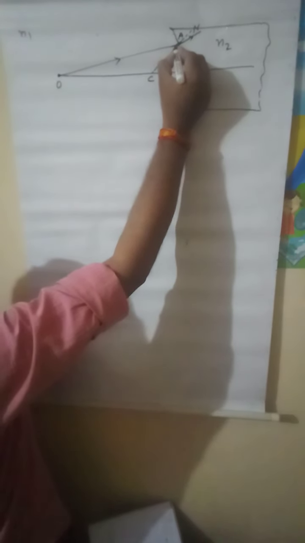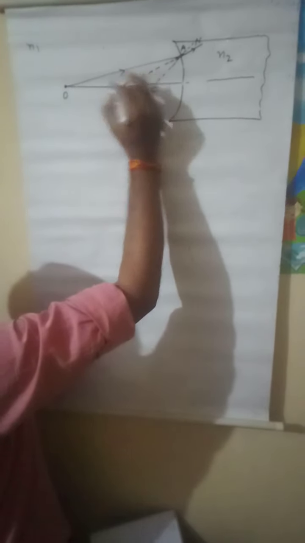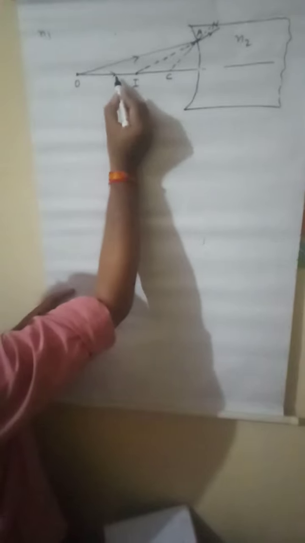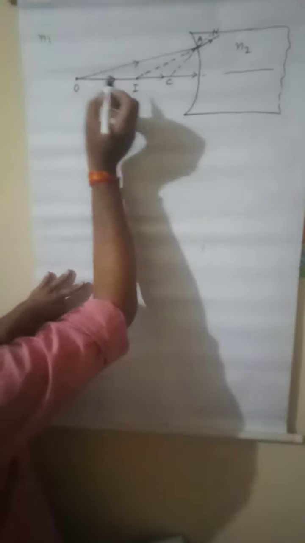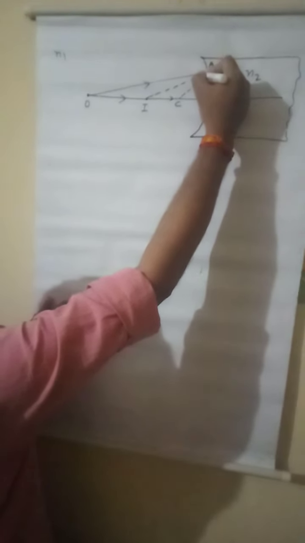Now, on retracing it in the backward direction, we will get a point image of point object O at I. Let i be the angle of incidence. i means the angle between the incident ray and the normal, this angle.